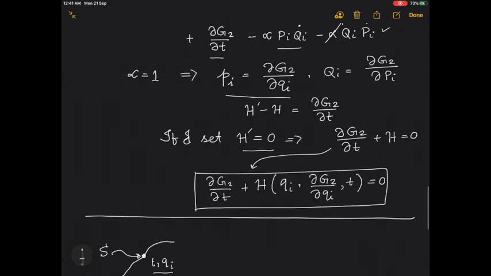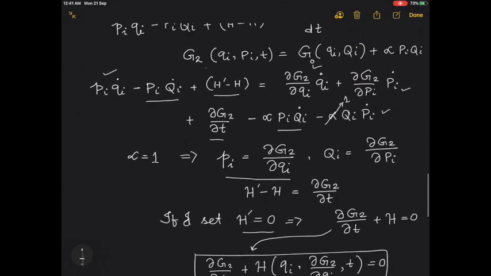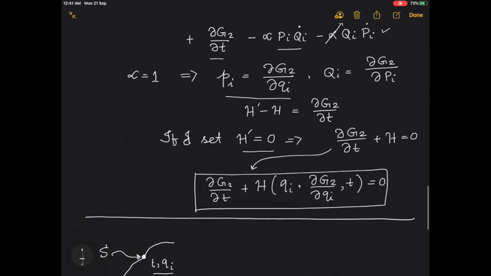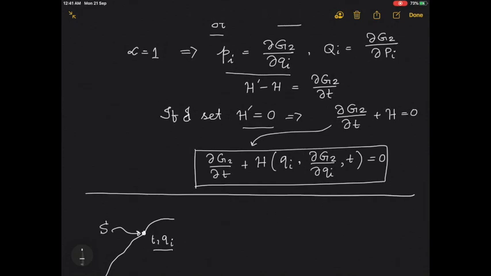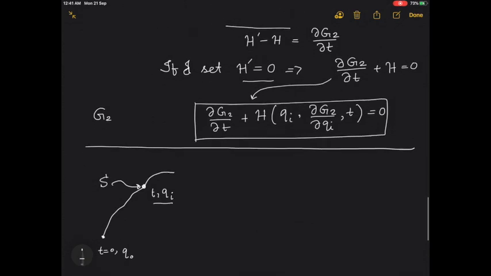And it turns out that if I consider a canonical transformation of this particular kind, where the generating function is G2 type, and I consider the final Hamiltonian to be 0, then I get the generating function G2, which is a solution of the exact same equation that I got for the action.